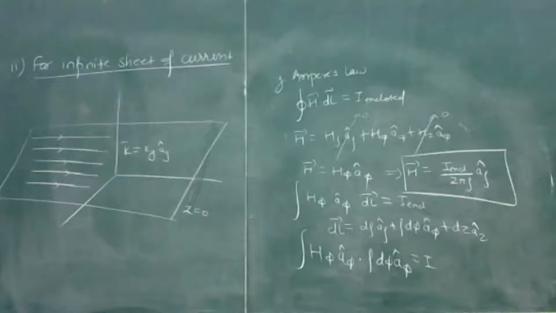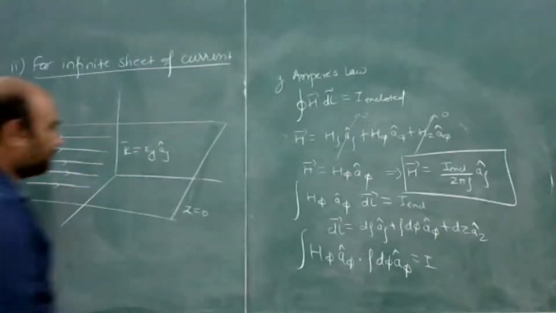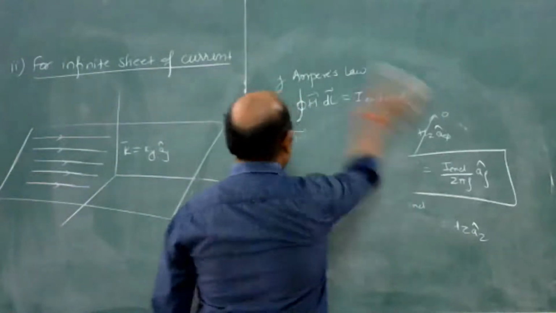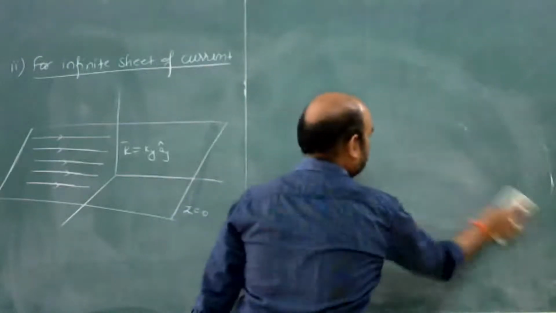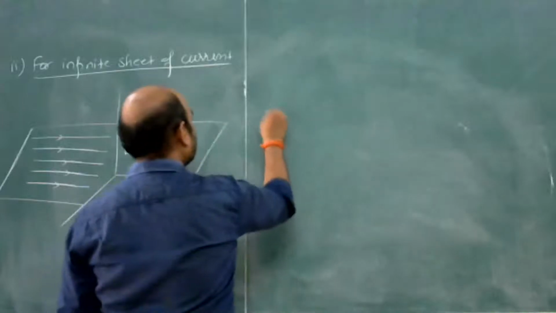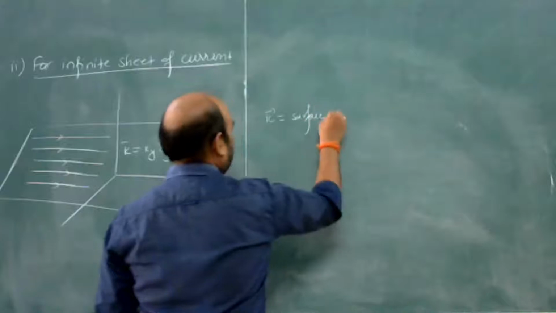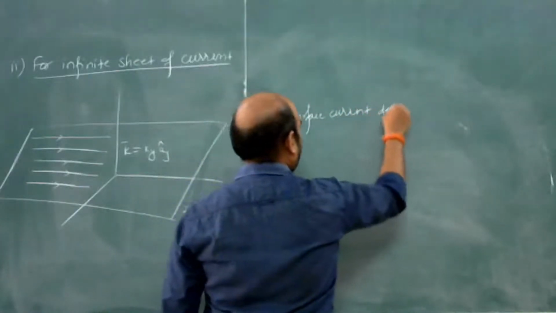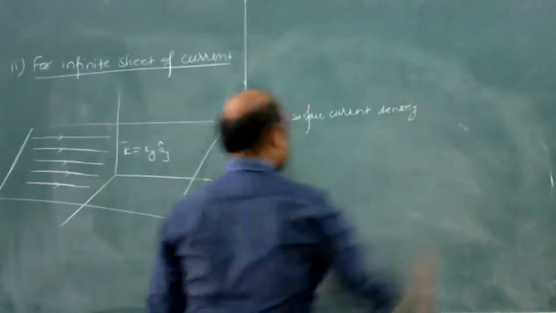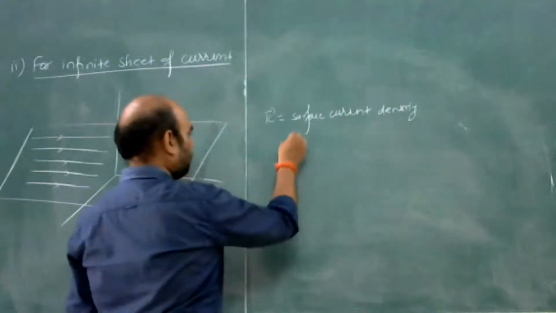So this is an infinitely long sheet of conductors. And K is the surface current density. So this is our current density family.